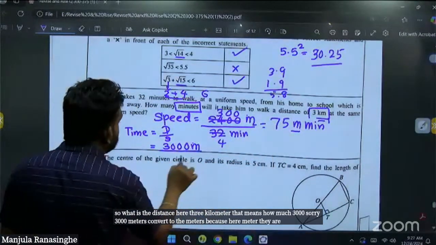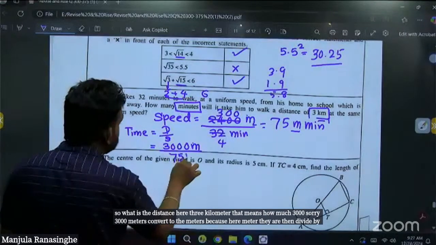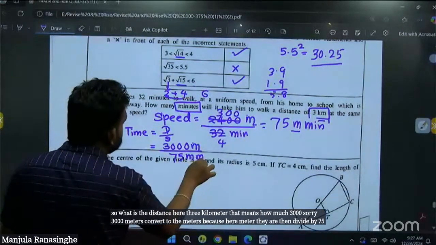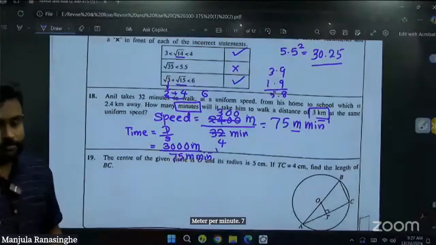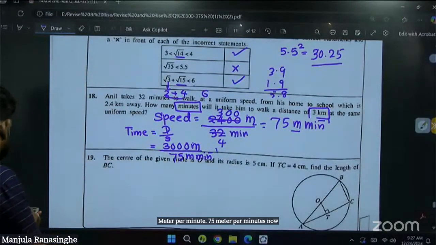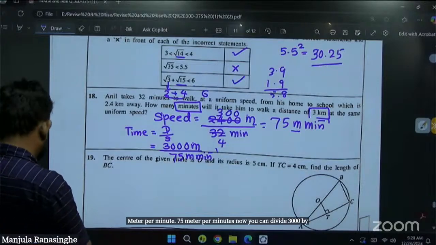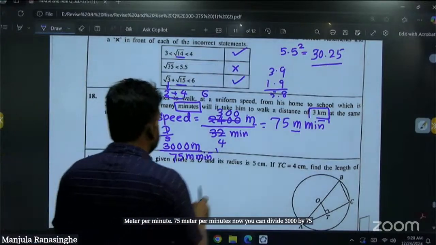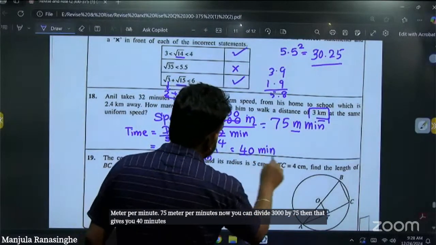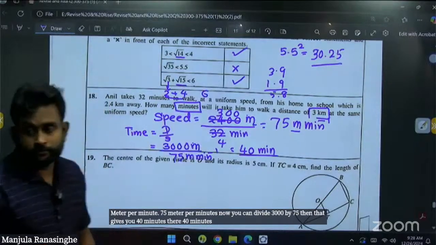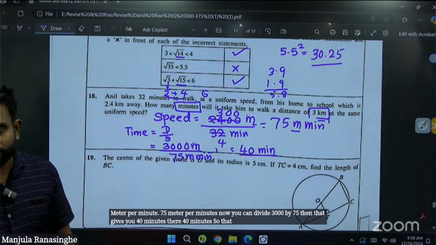Then divide by 75 meters per minute. Now you can divide 3,000 by 75. Then that gives you 40 minutes. So that takes 40 minutes.